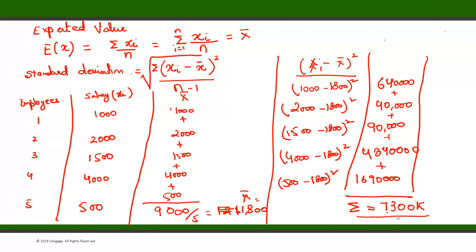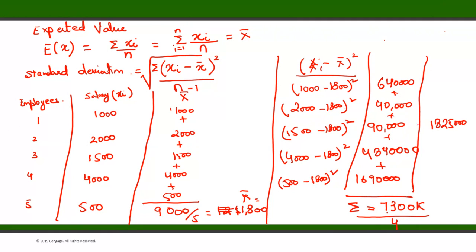Now I will divide this number by n minus 1. So we have 5. I'll divide by 4 because n is total 5, and 5 minus 1 is 4. So I will divide this by 4, which comes out to 825000.